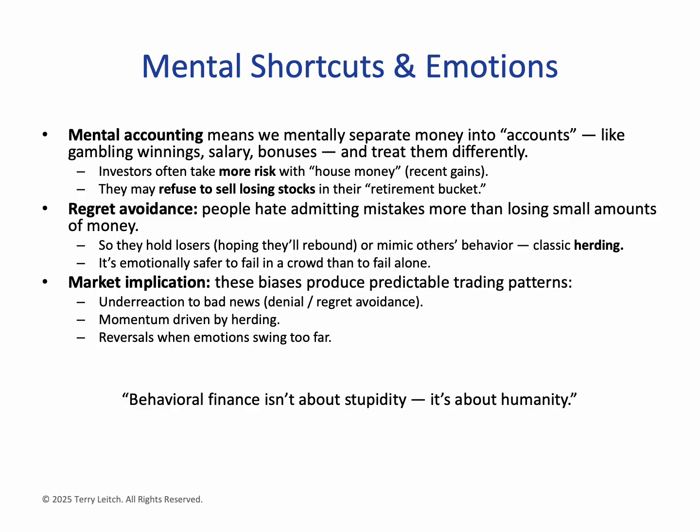Those are the people in denial. Momentum is driven by herding. So basically, everybody getting in is going to keep pushing the stock in a particular direction. Reversals happen when the emotions swing.